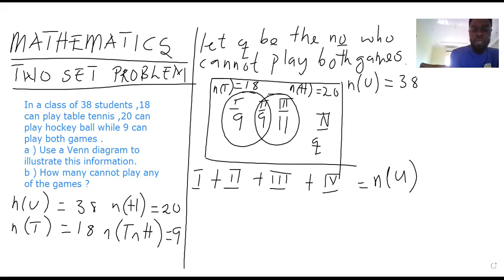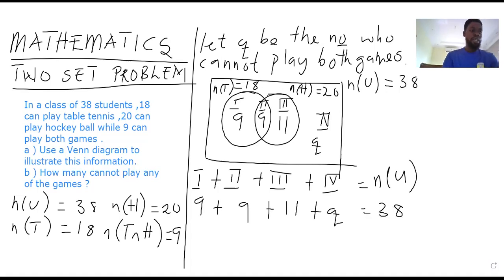So region 1, that is 9, plus region 2, that is 9, plus region 3, that is 11, plus region 4, that is Q, is equal to 38. That should give you 38, right?